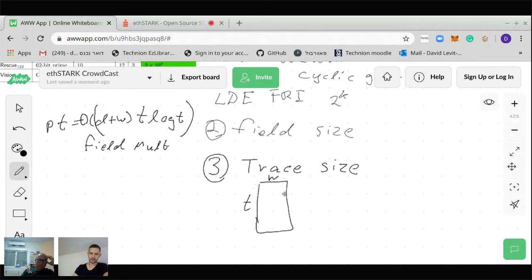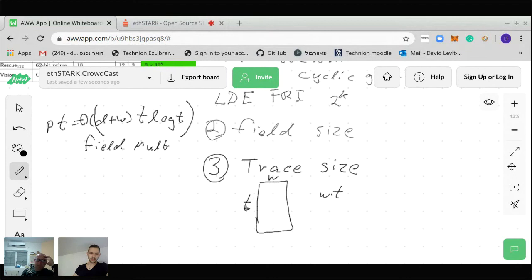So actually, in the trace we have WT cells. So you can say, wait a minute, I can always reorder the trace in some different way so that W is much larger and T is much shorter. But this is going to affect the verifier.